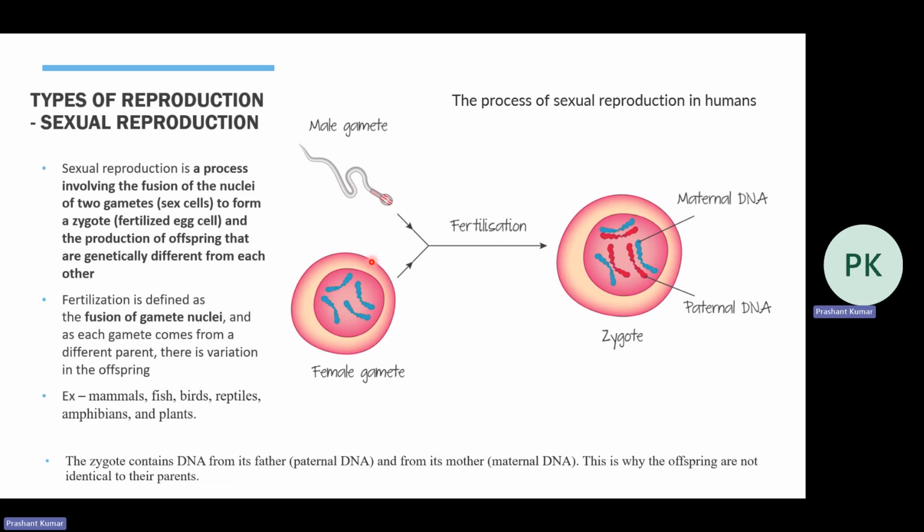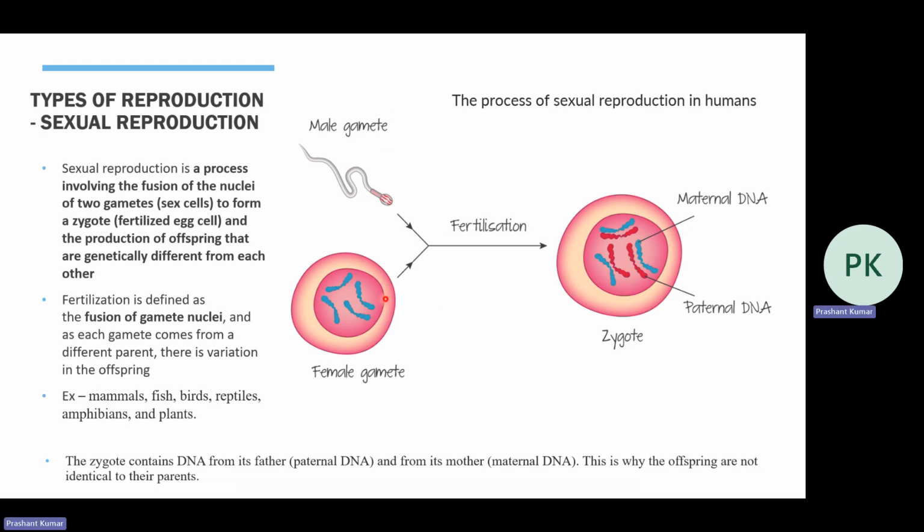So we define sexual reproduction as a process which involves the fusion of the male and the female gametes and the production of offspring that are genetically different from each other. They are not similar to any of the parents, right? So when we say fertilization, the meaning is the fusion of the male and the female gametes, right? And due to this, the genetic variation comes in the generation.